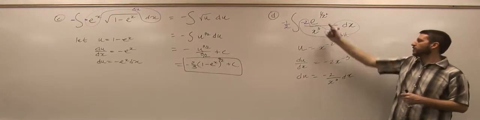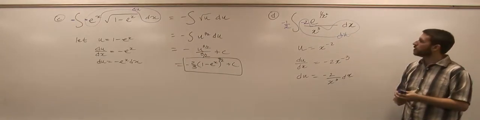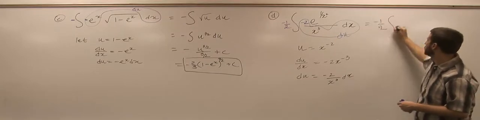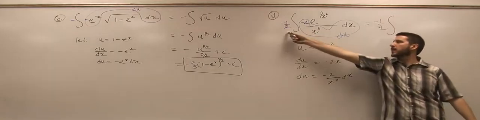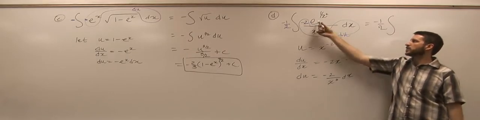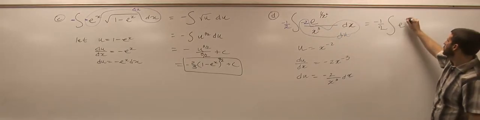This guy up here, 1 over x squared, that's x to the negative 2, that's u. So this becomes negative 1/2 integral. All the blue stuff is du. But then, other than that, we have e to the u.